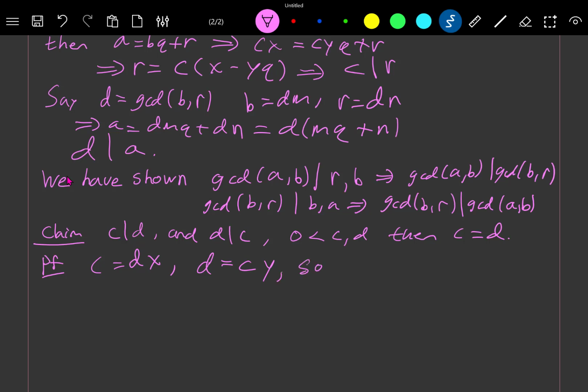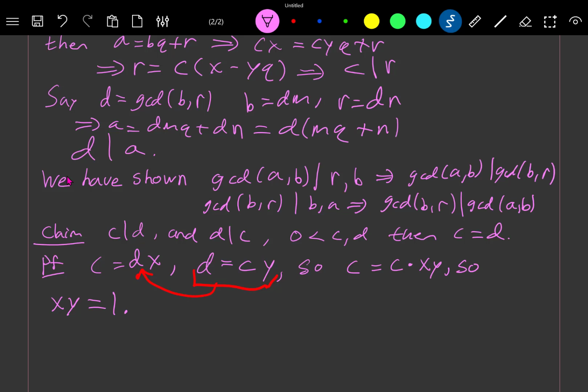So, if we plug this expression in here, we have that C is equal to C times XY. So, X times Y is equal to 1.